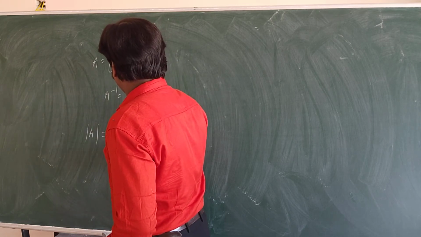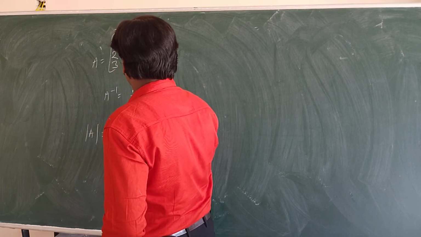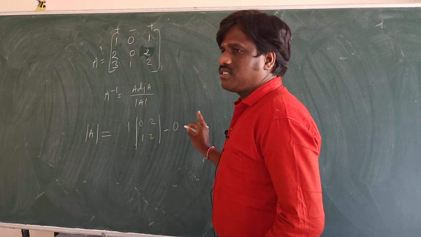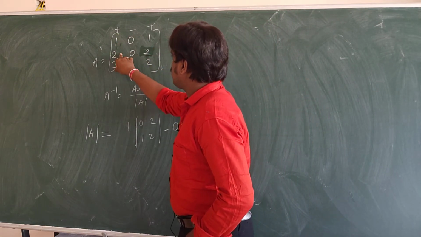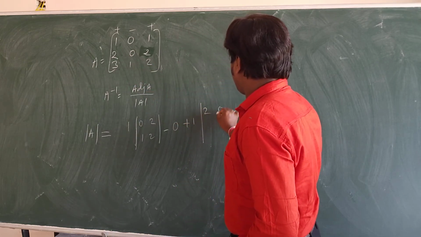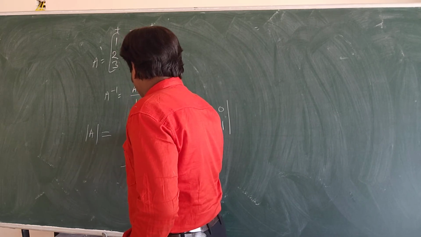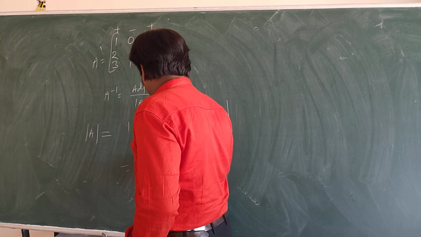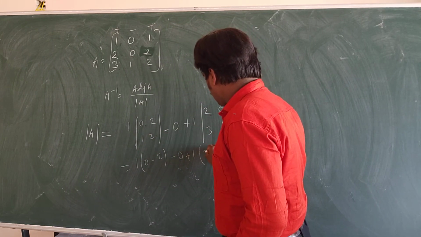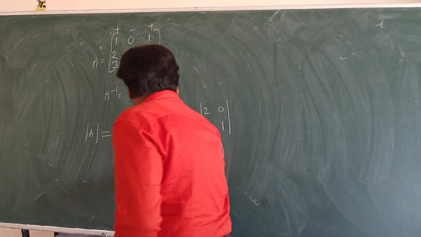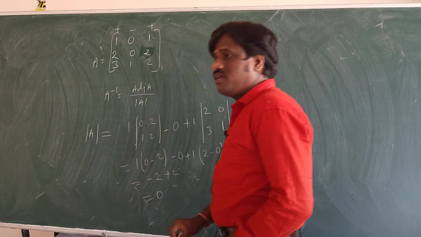So 1, and this row and column closed, so 0 2 1 2, minus 0 into anything is 0, I am not writing that, and plus 1 into this closed, 2 0 3 1. So 0 into 2 0 minus 1 2 is 2, minus into 0 plus 1 into 2 1s are 2 minus 0. So what I am getting here, minus 2 plus 2. I got how much? 0.